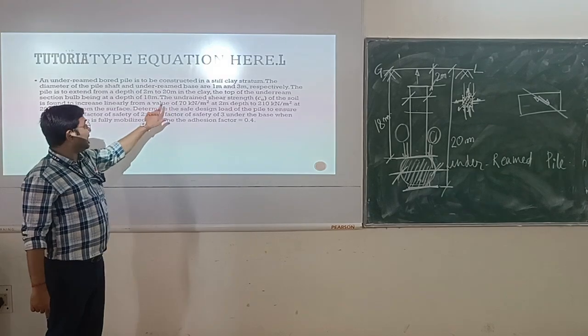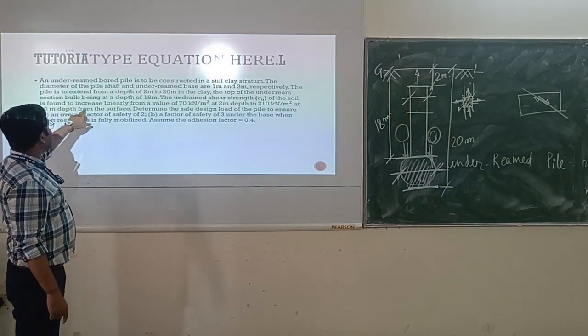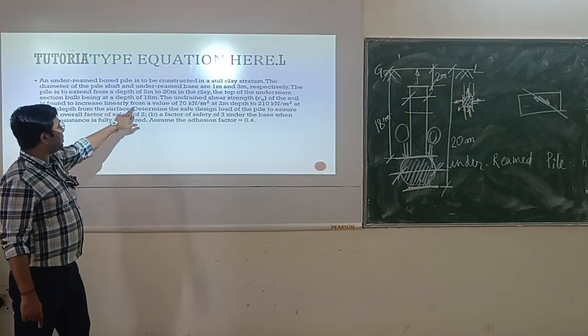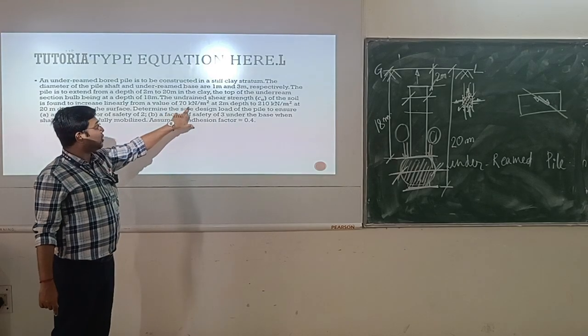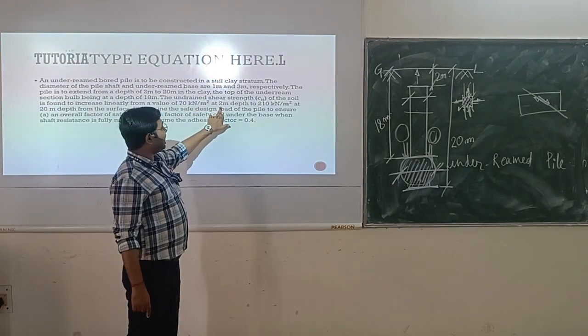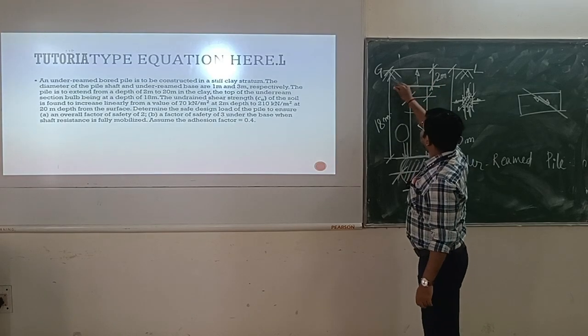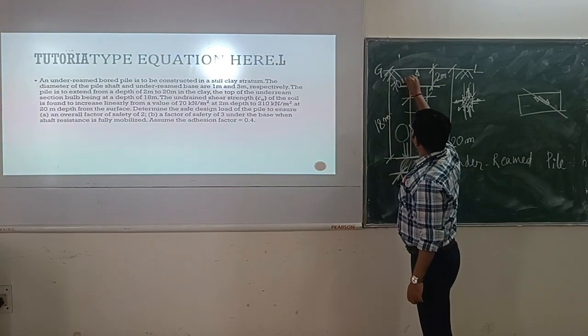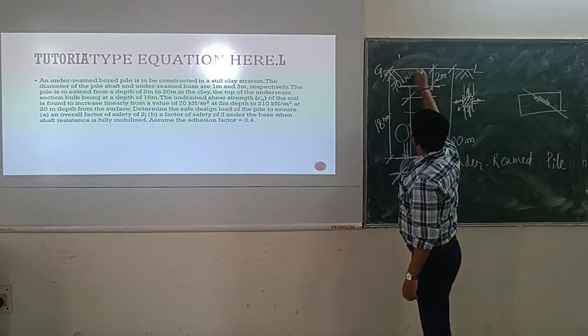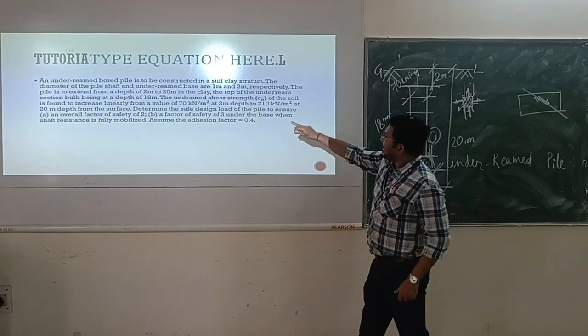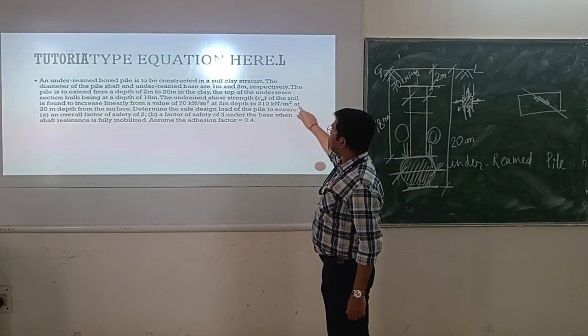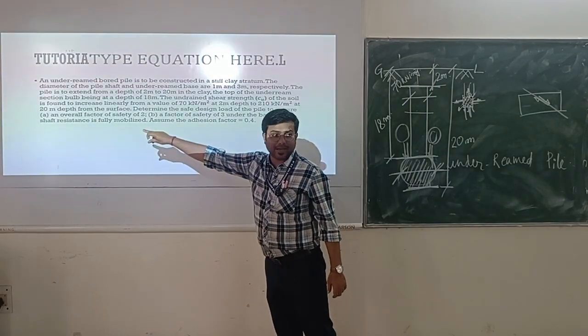But it is given in a changing way. It is given as increasing linearly from a value of 70 kN per meter square at a depth of 2 meter, to 210 kN per meter square at a depth of 20 meter.